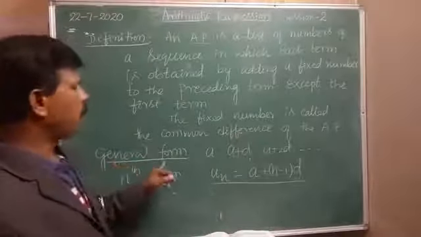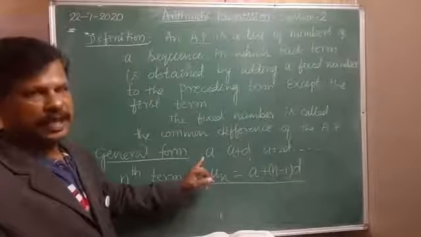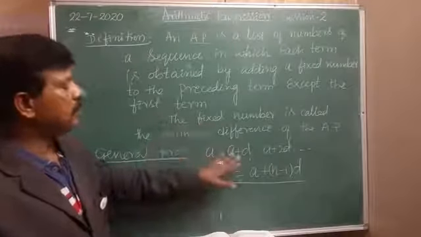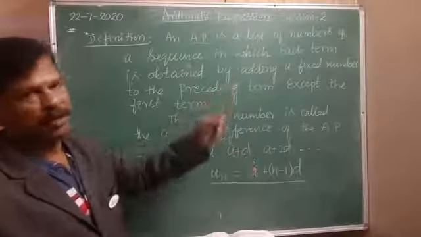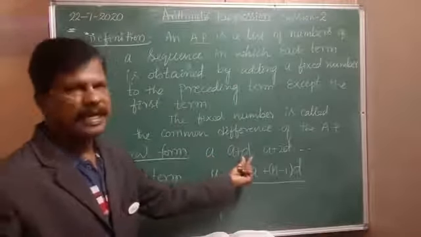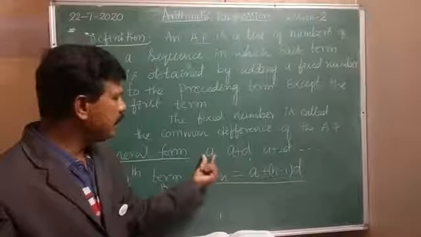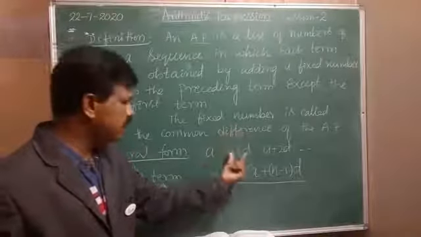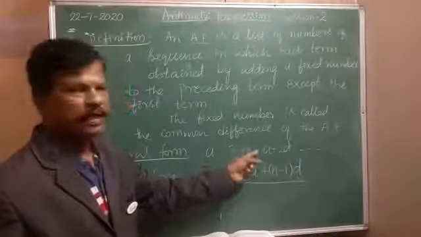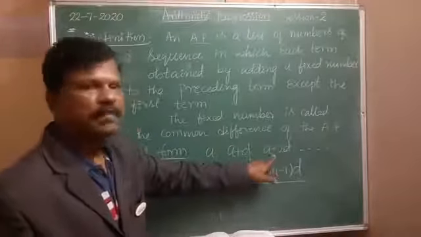Now the general form. If the first term is A, then we obtain the second term by adding the fixed number. Here the fixed number is D. So when D is added to A, you will get the second term. Now for this second term, if you add one more D, we will get the third term, A plus 2D.